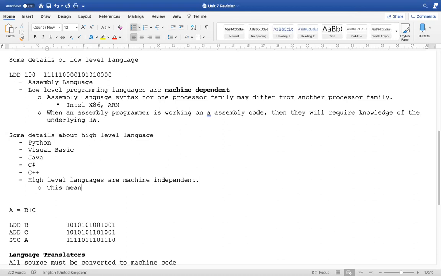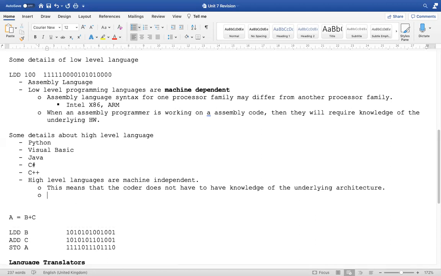This means that the coder does not have to have previous knowledge of the underlying architecture. So what that means is Python code is the same for all types of computers.